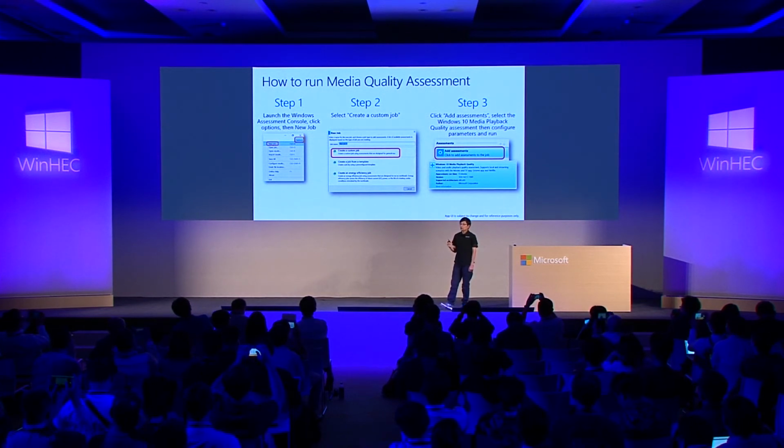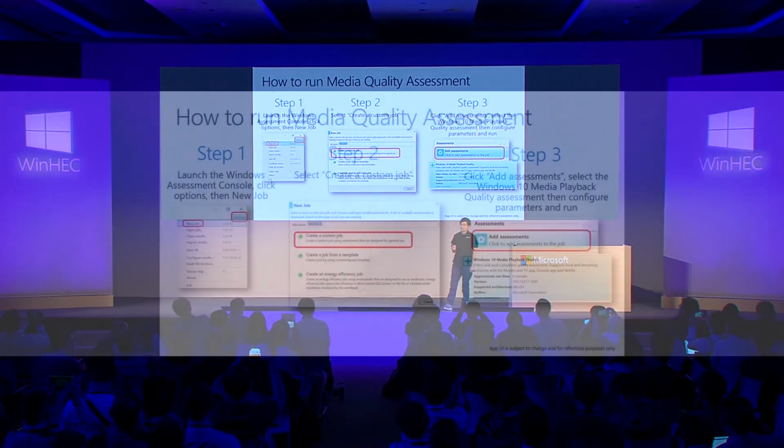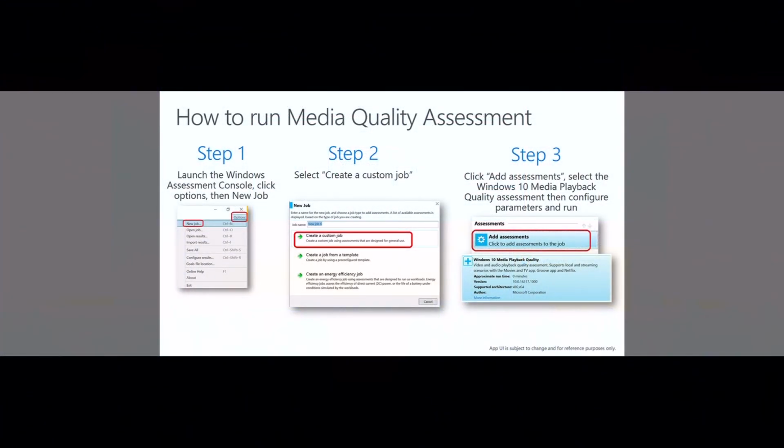So let's walk through the 3 steps of running the media quality assessment. The first step is to launch the Windows Assessment Console, select Options, then New Job. The second step is to select Create a Custom Job. And lastly, the third step is to click Add Assessment and select the Windows 10 Media Playback Quality Assessment.